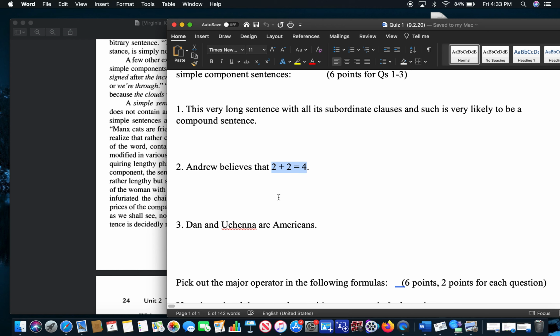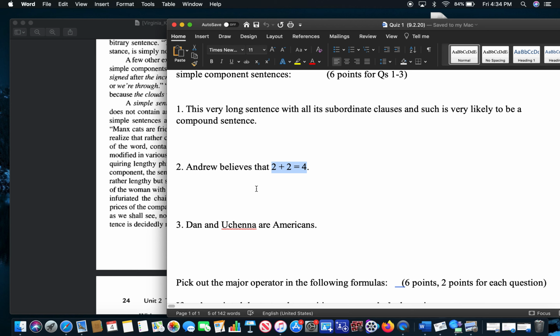If you can replace that with any other sentence and the result is a grammatical sentence, then yes, the highlighted part here does count as a component sentence of Andrew believes that 2 plus 2 equals 4. So this is a compound sentence, and the component is 2 plus 2 equals 4.